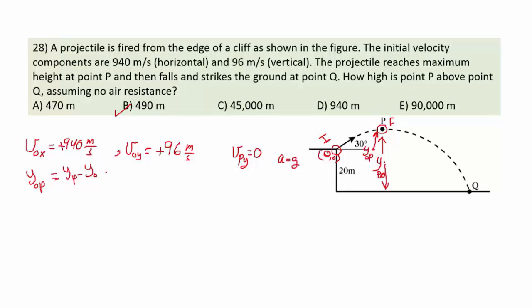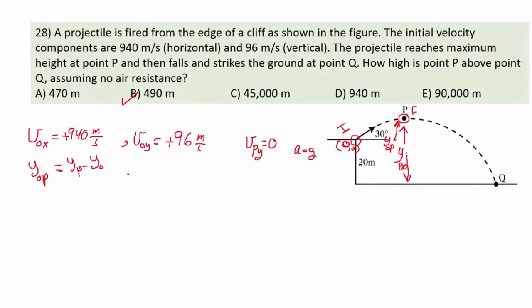This is y_0P. After we find it, we can add it to the 20 meters, and this will give you the total height from point Q to point P. So the plan here is to find the displacement from the starting point to point P and then add 20 meters to it, and this will give us the total height between P and Q.